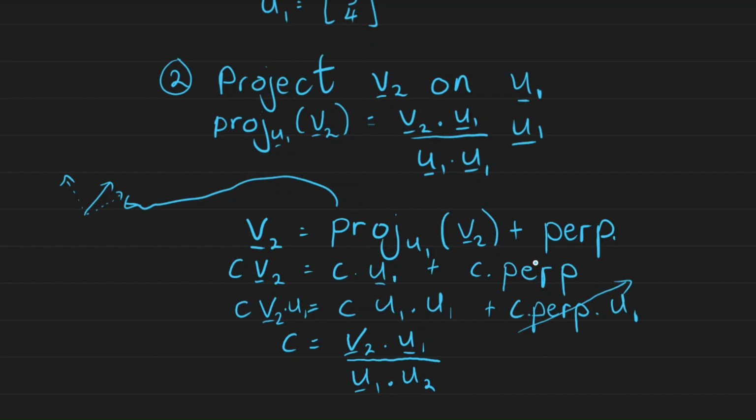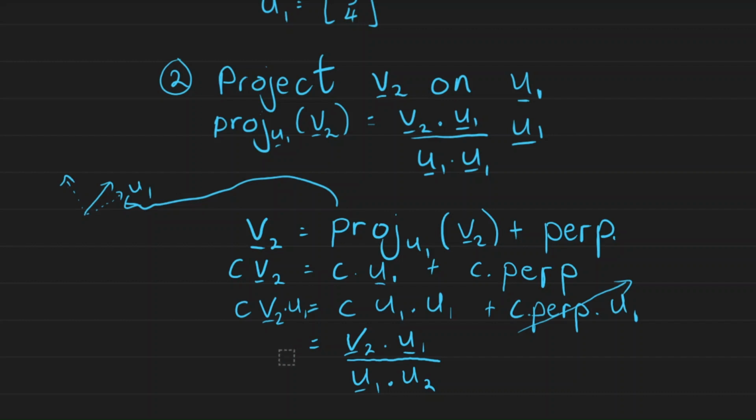And remember that the projection of v2 onto u1 is given as c times u1. That's what we have written, because c times u1 represents in the direction of u1 some scaled factor of it. It's some factor of u1 in this direction.